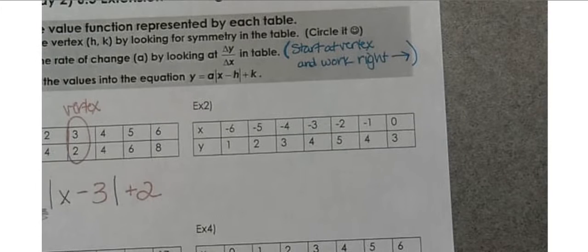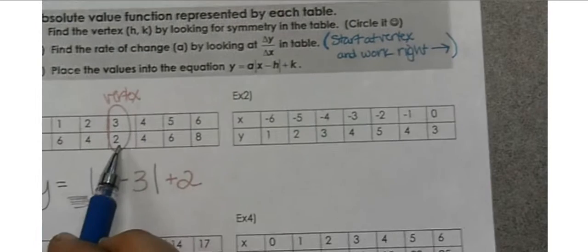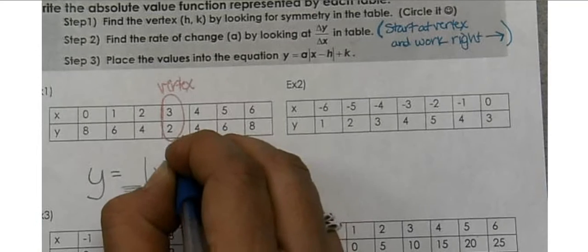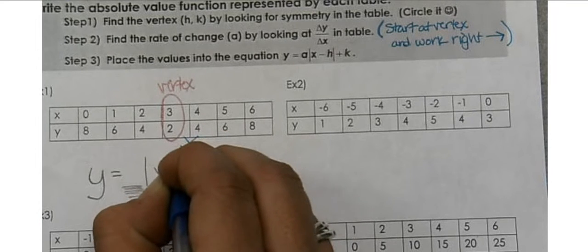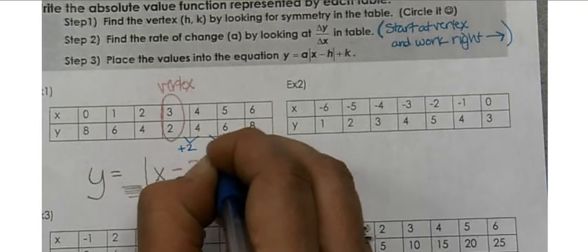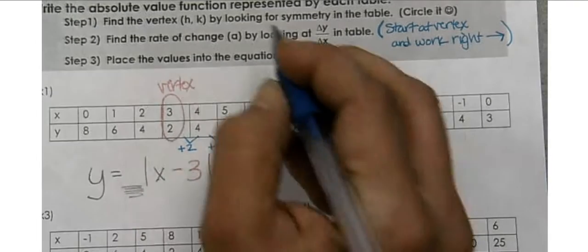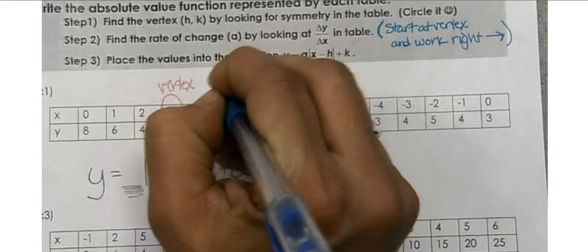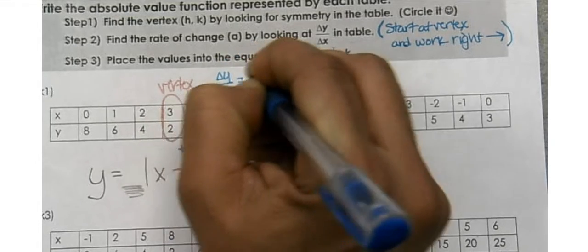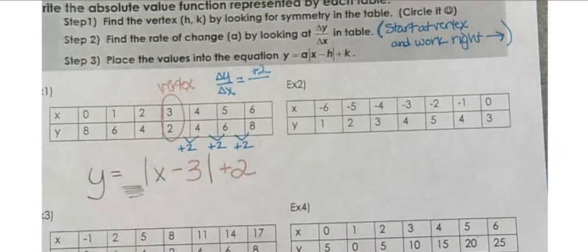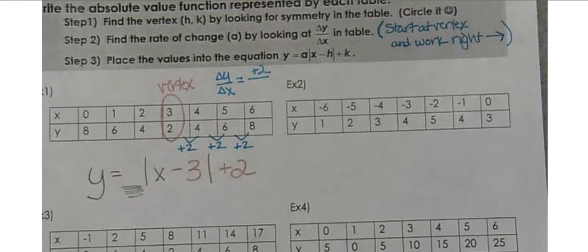Okay, so we're going to start at the vertex we found, and let's look at our change in y. Notice our y is going up 2. So for our change in y over change in x here, I'll write that we're going up 2 for our change in y.